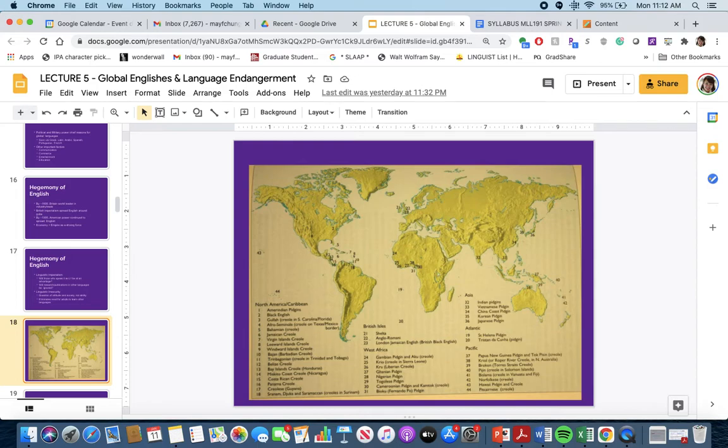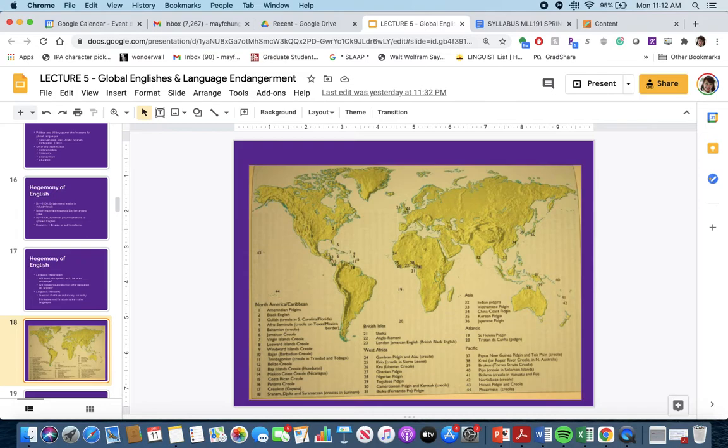If you see, this is an old map of some of the pidgins, these English pidgins that have occurred. If you took my MLL 190 class, you'll know that a pidgin is a language that incorporates both the colonialist language and the host country's language.